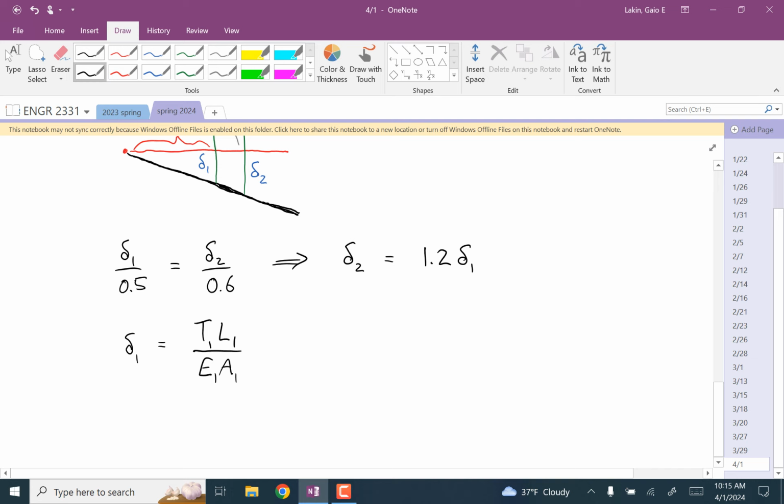We're going to assume that these cables have the same E and A. If they're different, you have to put those in differently.